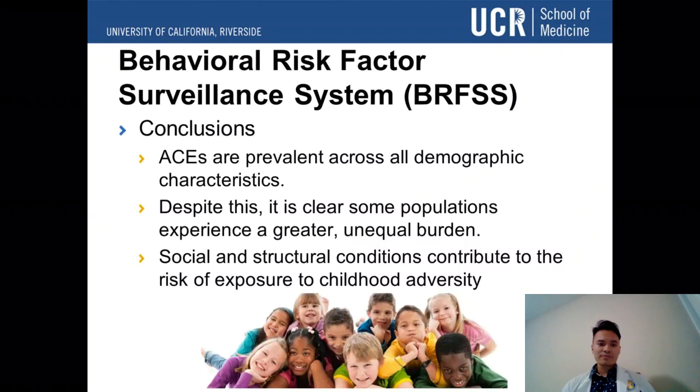And that's unfortunate. So the conclusion of this study was that ACEs are prevalent across all demographic characteristics. However, it is clear that some populations experience a greater unequal burden, and these social and structural conditions contribute to the risk of exposure to childhood adversity.